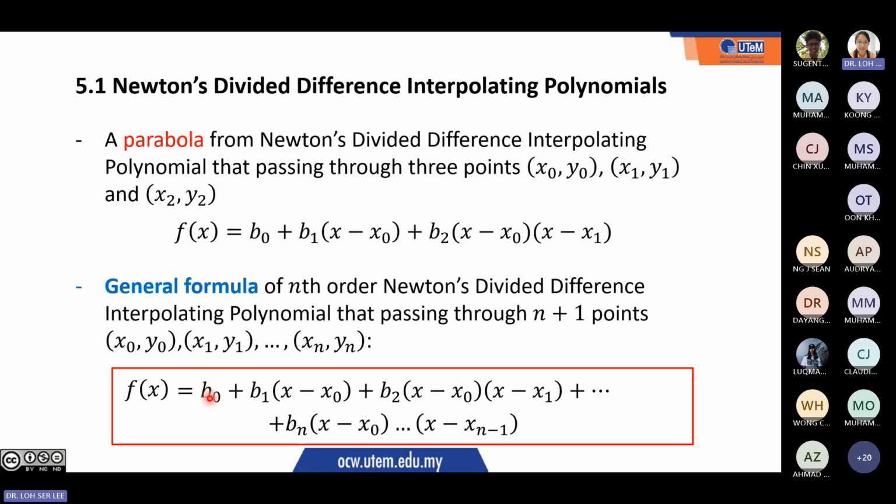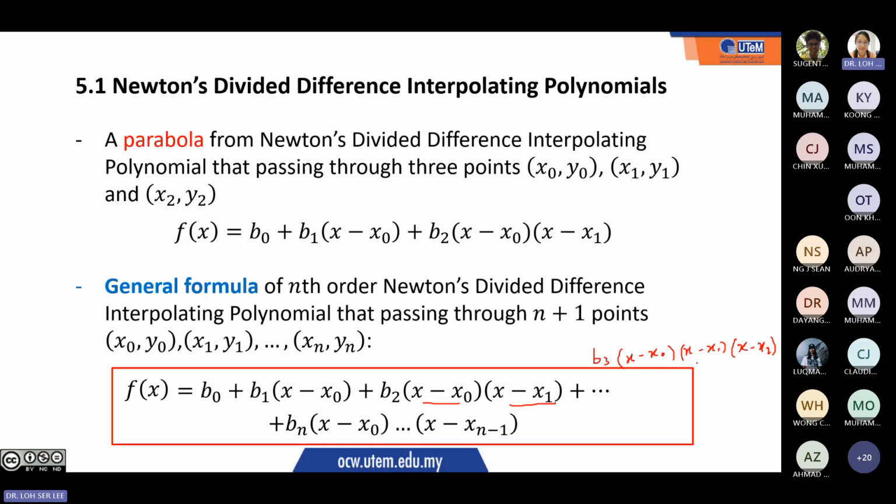We look at this one first: b naught, and then b1 (x minus x naught), b2 (x minus x naught)(x minus x1). If you have the next one, it will be b3, after b2. So we have (x minus x naught), (x minus x1), and (x minus x2).